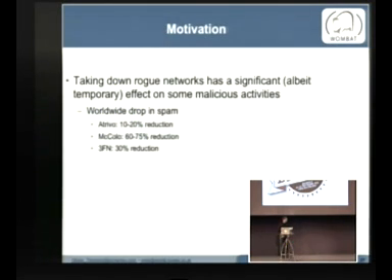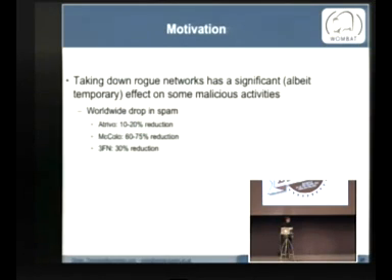So what we want to do is defeat the root cause in the WOMBAT project. Basically we aim at taking down the rogue networks that we see. Why do we want to do this? If we can really take down a rogue network, this has a significant effect on malicious activities. I put here the numbers for a drop in spam volume on the internet.